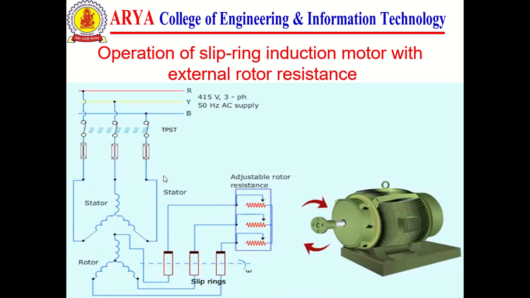When the motor starts and gets rated speed, we gradually reduce the value of external resistance, and then the rotor winding is short circuited. So these are the basic operations of the slip ring induction motor. You can see from this circuit diagram.